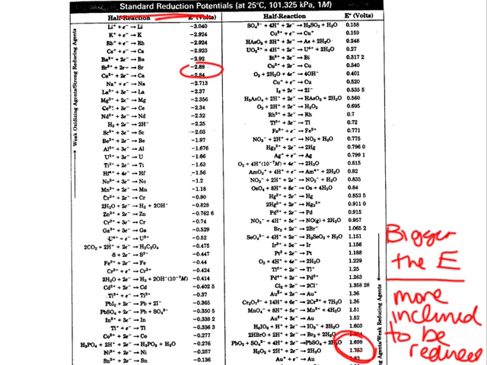Okay? The higher the reduction potential, the more apt something is to be reduced. All right? So what we're going to do when we're doing full reactions, we're going to take a reduction reaction from this table, and then we're going to take another reduction but flip it and make it oxidation and change the sign. So that's what this is all about.